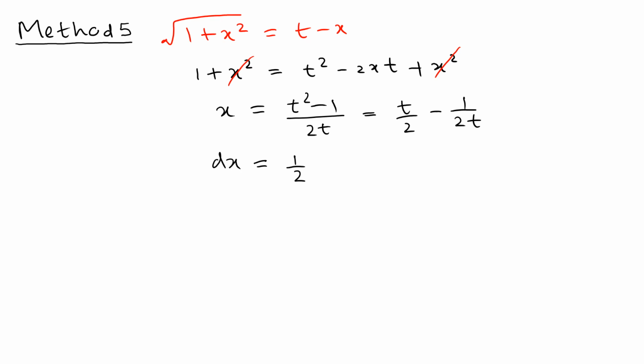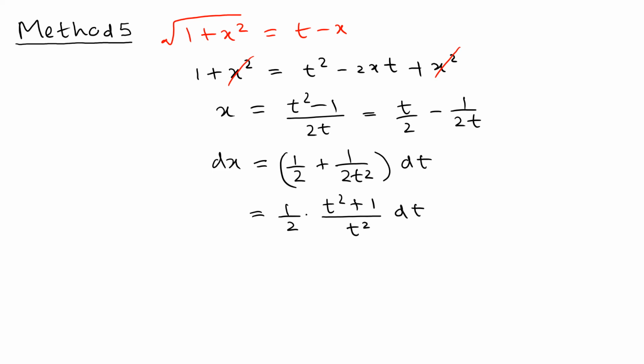So when you take the derivative, it's going to be plus 1 over 2t squared times dt. Again we can pull the 1/2 out and use the common denominator t squared, so you can write this as t squared plus 1 over t squared dt. This time we don't have a negative sign, it's positive now.